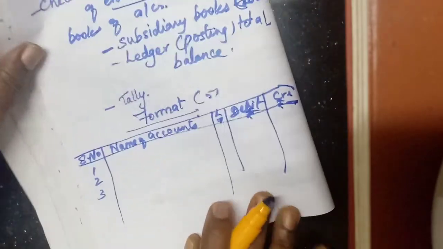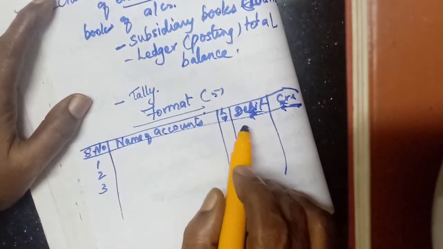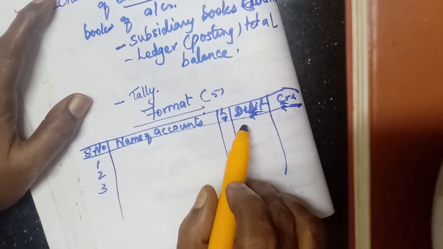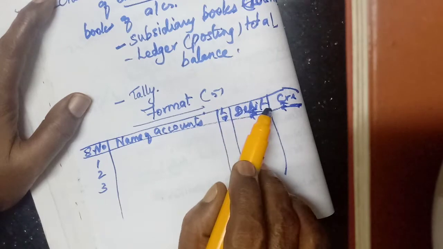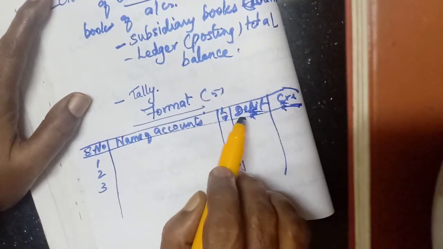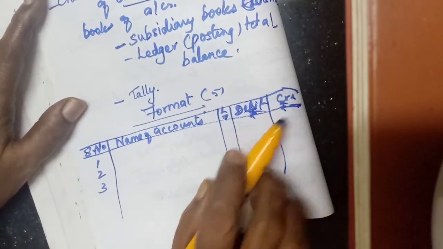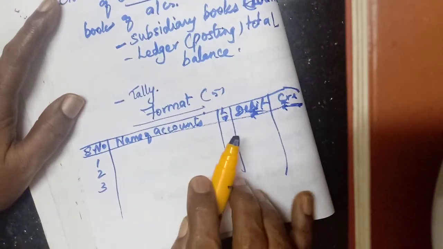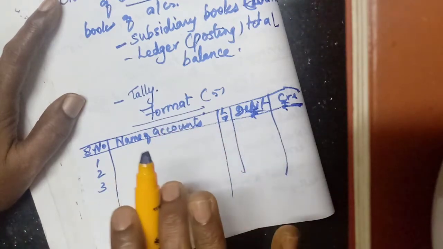Here you should remember the double entry system. What is the rule? For every transaction there will be one debit and one corresponding equal credit, either 1 or 2 credits. If there is a debit, there will be a corresponding and equal credit for every transaction.